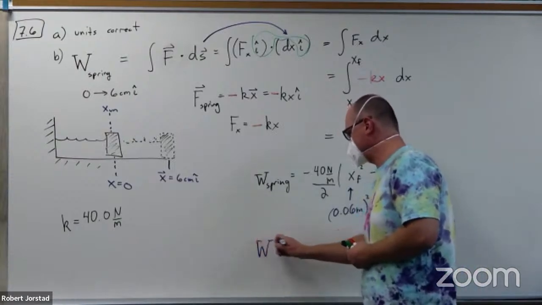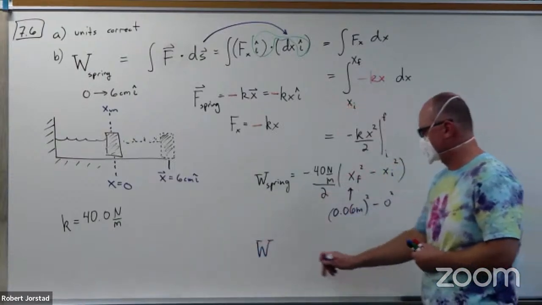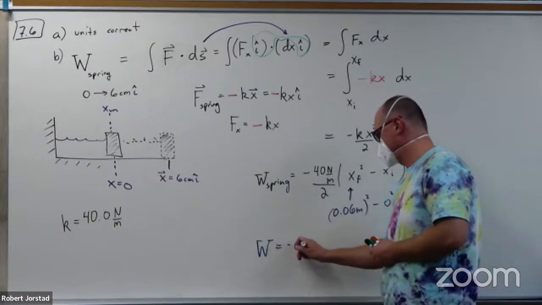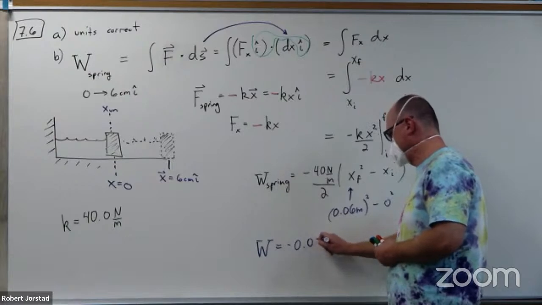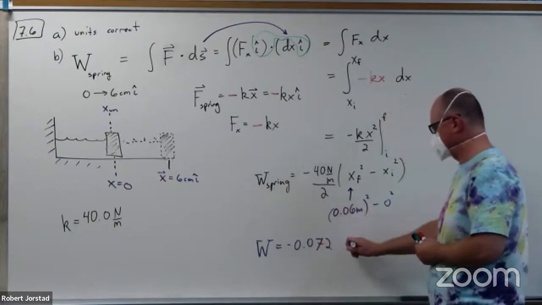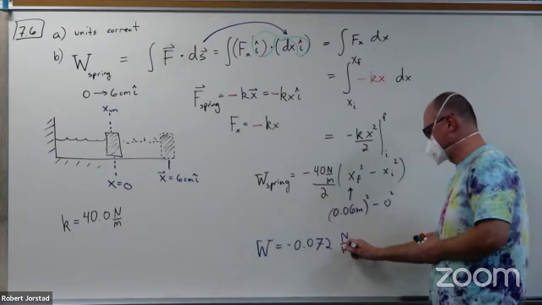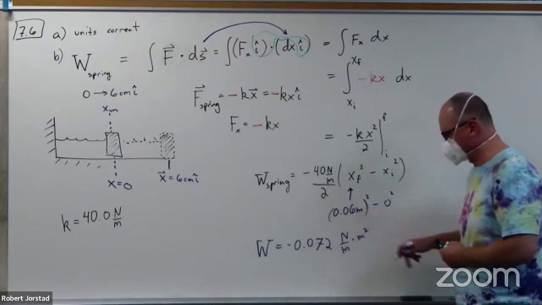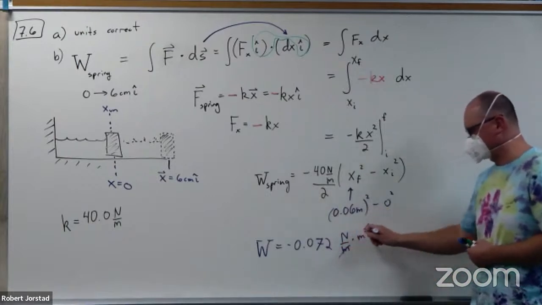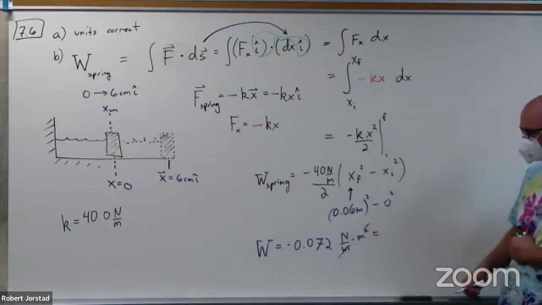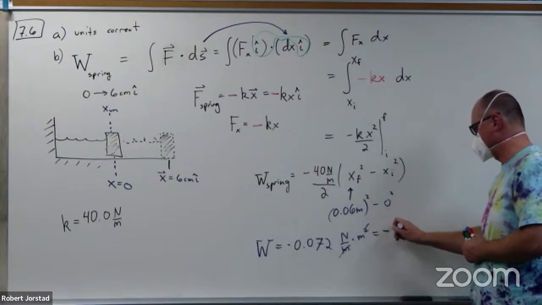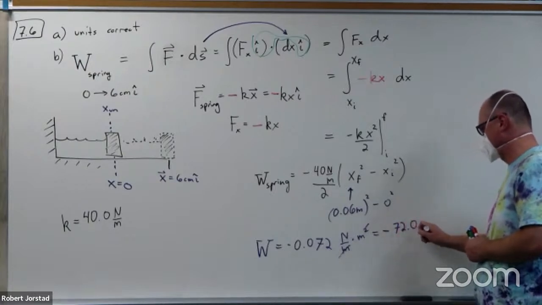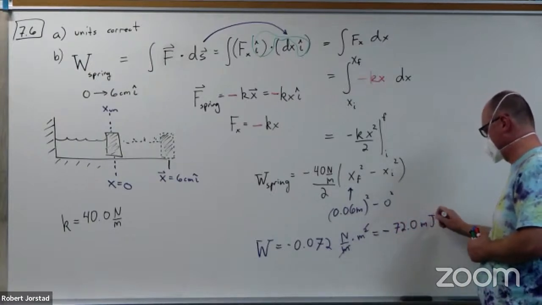What are the units? Yeah, joules. Look, it's going to be newtons per meter times meters squared, so it's a newton meter. That's a joule, a gem of a unit. But shifting it, that's negative 72 millijoules.